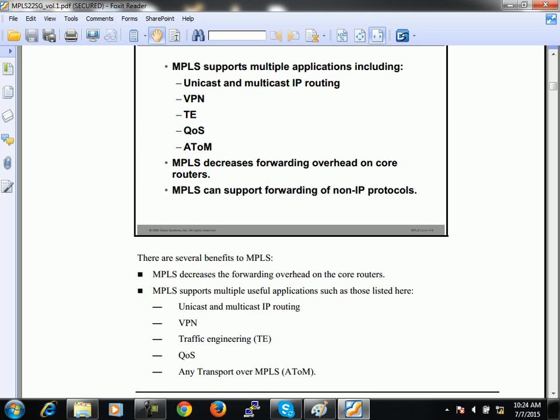MPLS decreases forwarding overhead, because now core routers only need to switch data based on labels. MPLS can support forwarding of non-IP protocols as well. As I said, it also supports layer 2 VPNs. It can carry STP-based traffic and VTP-based packets, which are not IP packets, but it can support them as well.